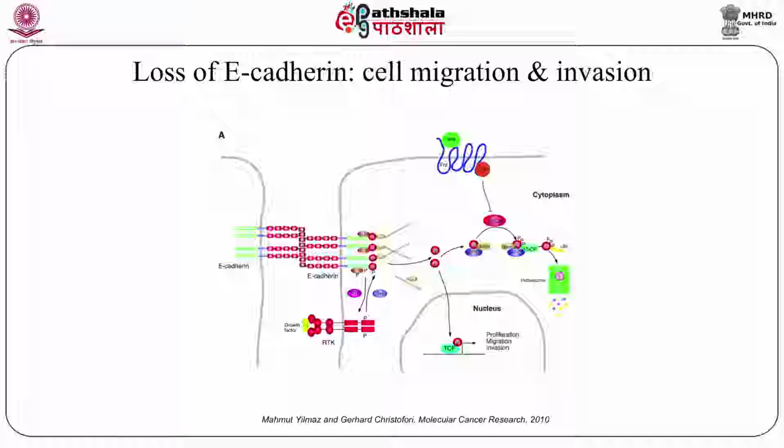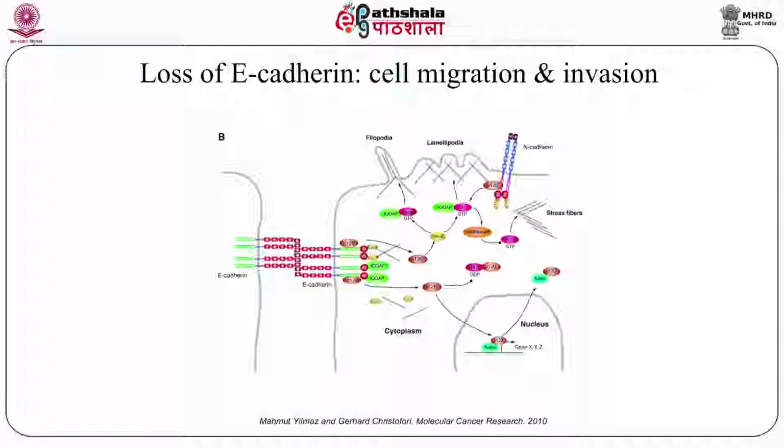Upon loss of E-cadherin function, cytoplasmic P120 catenin acts as a GDI, which is guanine nucleotide dissociation inhibitor, and represses RhoA, therefore repressing stress fiber formation. P120 also activates RAC1 and CDC42, thereby inducing the formation of lamellipodia and filopodia, as shown in this image.